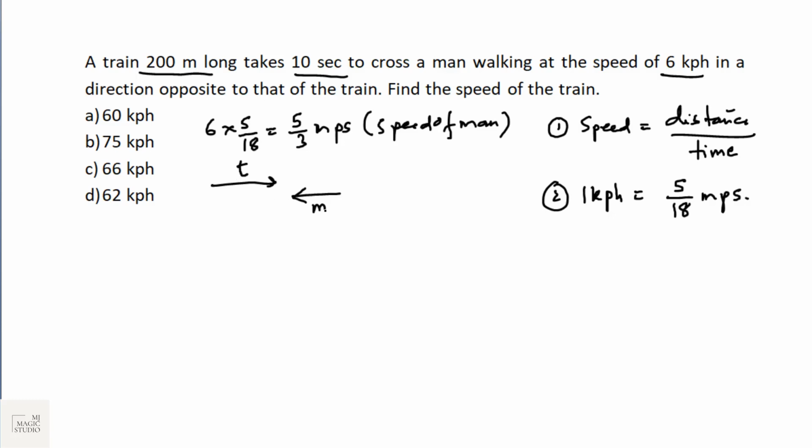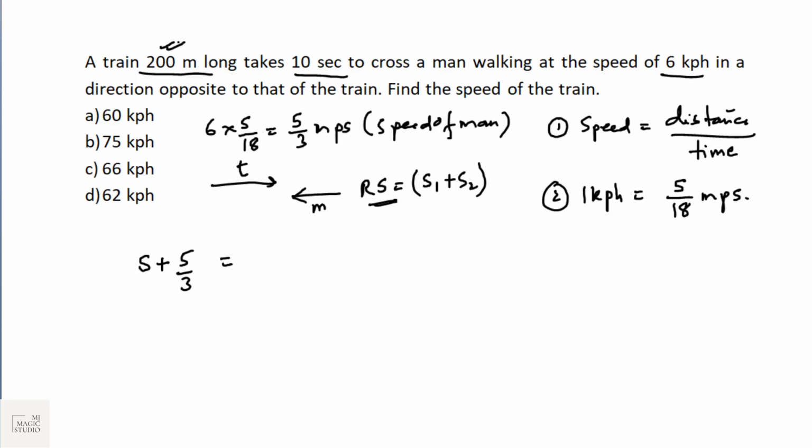And if two moving bodies are approaching towards each other, relative speed will be the sum of the speeds of both the moving bodies. Find the speed of the train. So here relative speed or effective speed is speed of the train plus speed of the person, 5/3, equals distance.